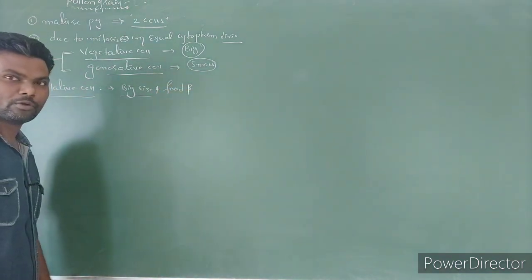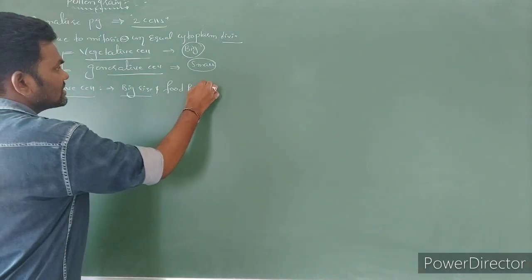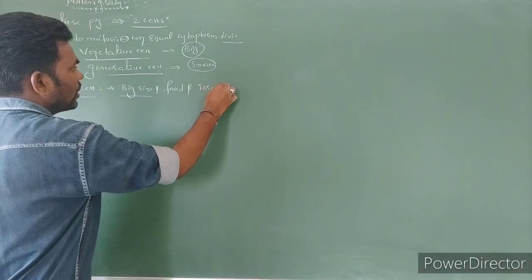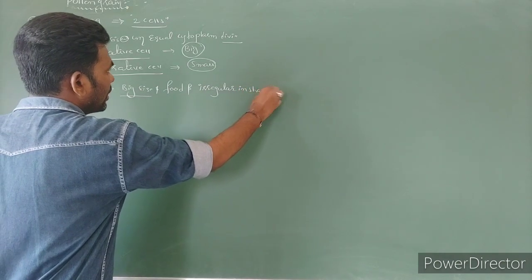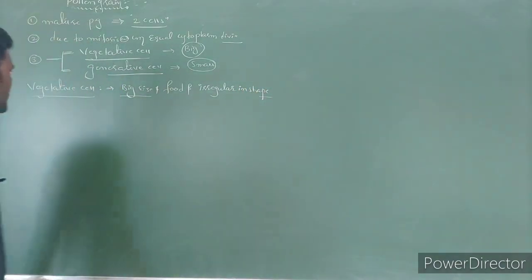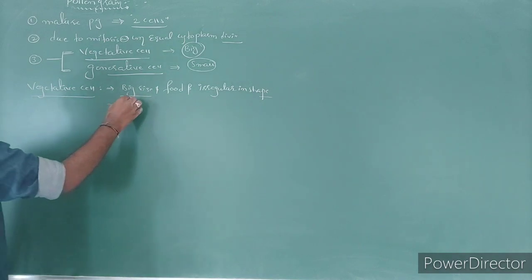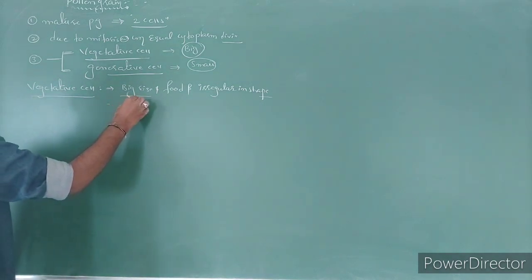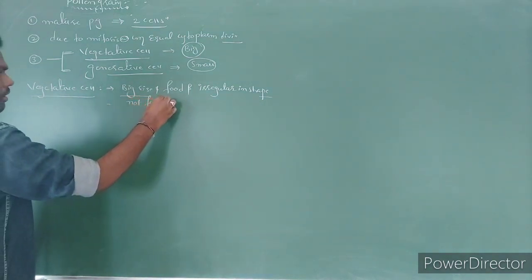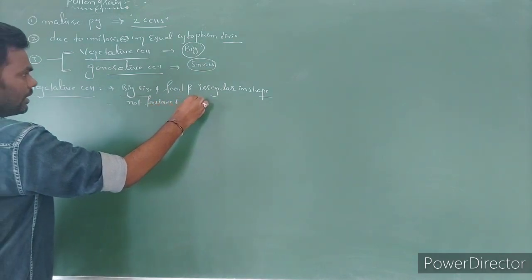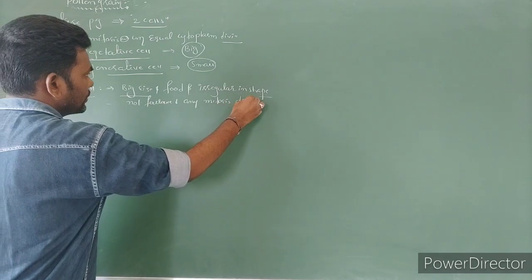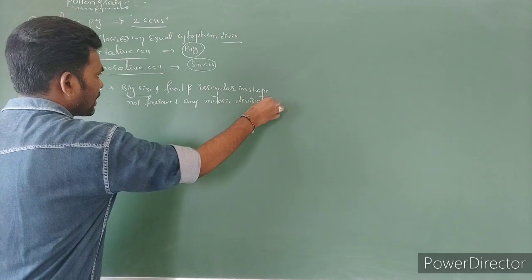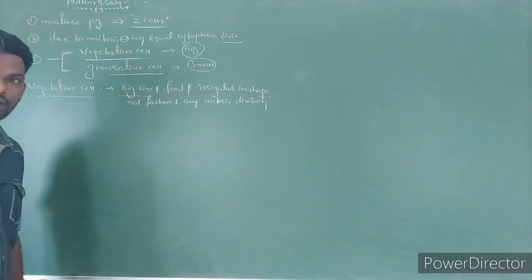The nucleus is irregular in shape. And this vegetative cell is not followed by any mitosis division. So this is the first one, the vegetative cell.